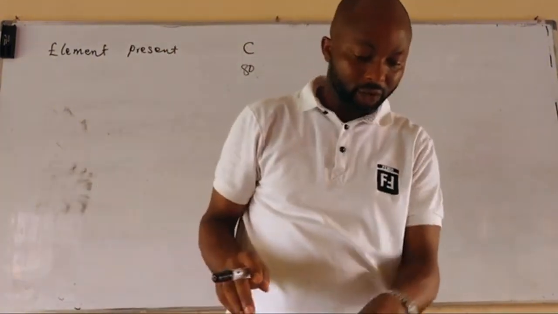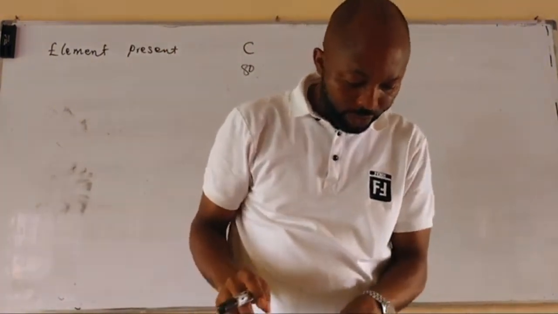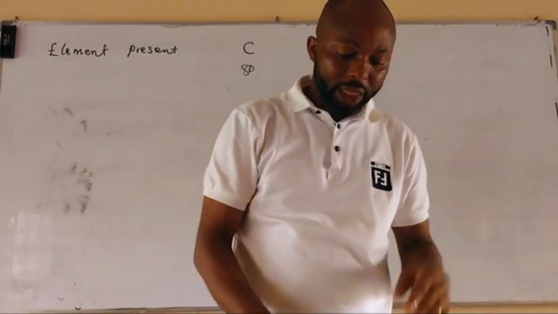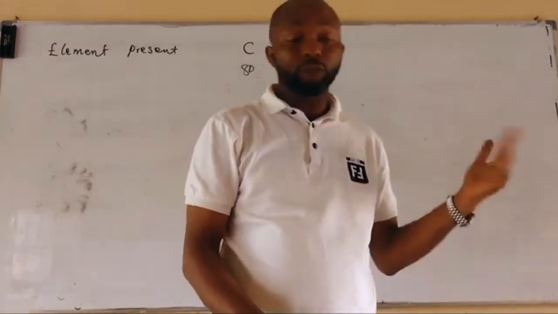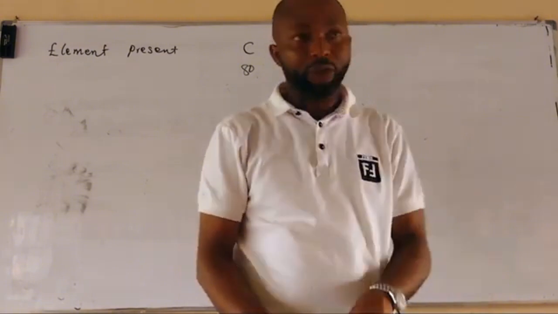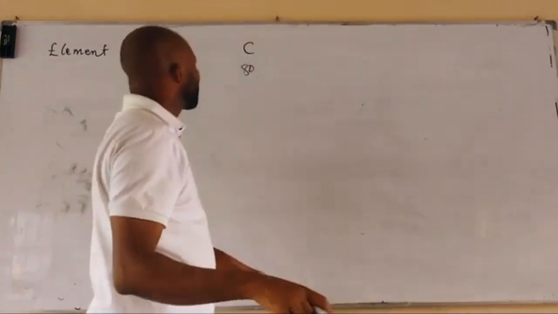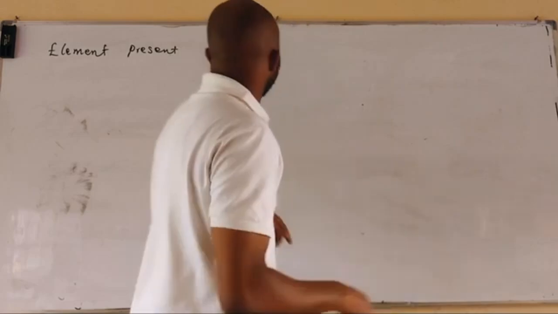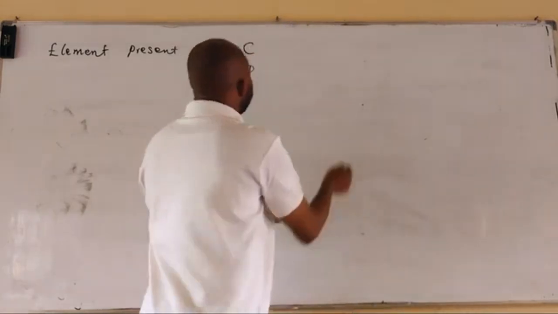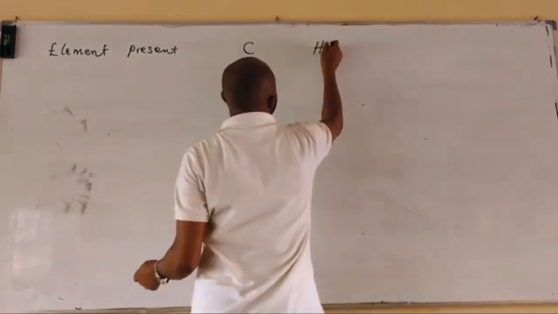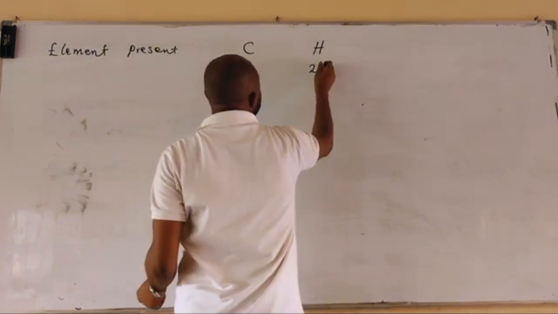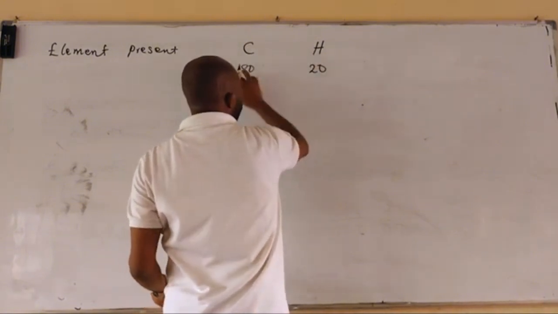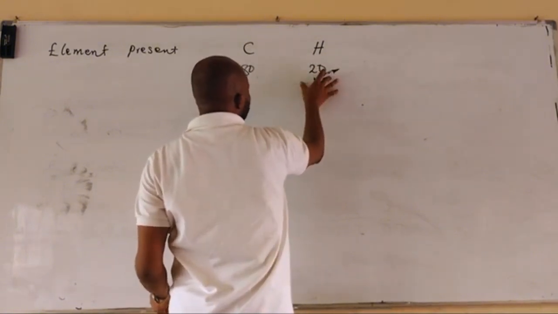Now, hydrocarbon is a compound that contains carbon and hydrogen only. So if this is carbon, it means there is hydrogen there, and that hydrogen is 20, because 100 minus 80 will give us 20. So this is the percentage.